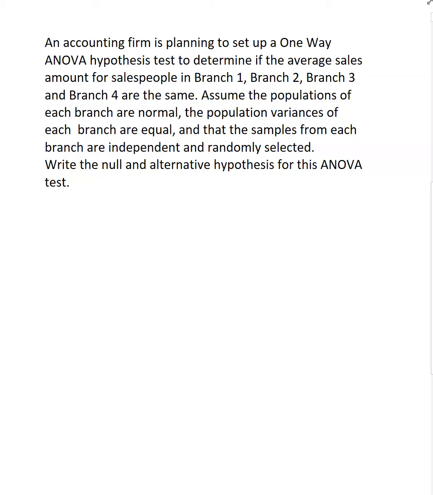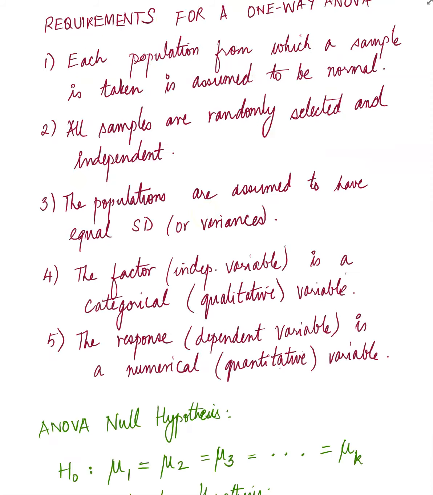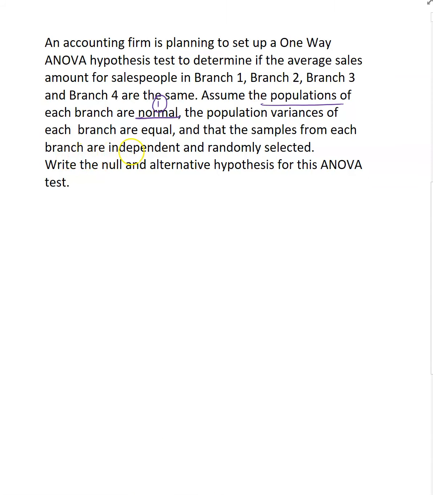Well, they want us to write the null and alternative hypotheses, but even for that we need to test all the 5 conditions. Okay. Now, thankfully, they did give us these conditions very quickly here. So that's normal distribution, right? All the populations are normal distribution, and we are told that the samples are randomly selected and independent. That's condition number 2.